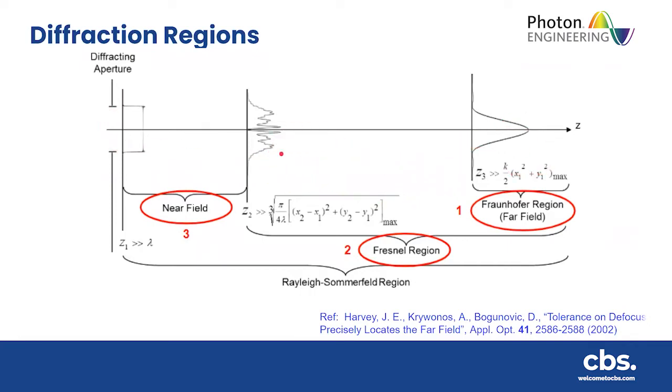And often the Fresnel region is more complex to calculate correctly because you have a lot more higher spatial frequencies in the diffraction pattern as the beam is in the intermediate state between the aperture and the far field, the Fraunhofer region. So it starts to mutate, and the position in the Fresnel region determines, among other things, the fringe pattern that you would see.